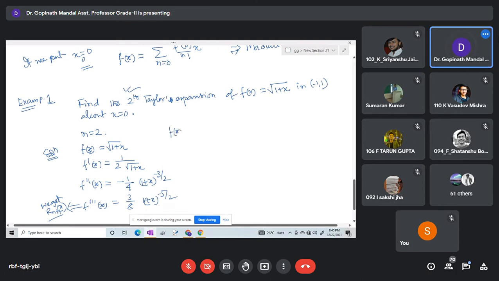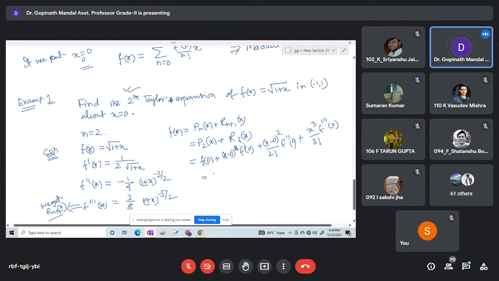So fx is equal to P2x plus R3x. Now P2x will be f(0) plus x f'(0) plus x squared by factorial 2 f''(0), and the remainder term will be x cubed by factorial 3 f'''(c).